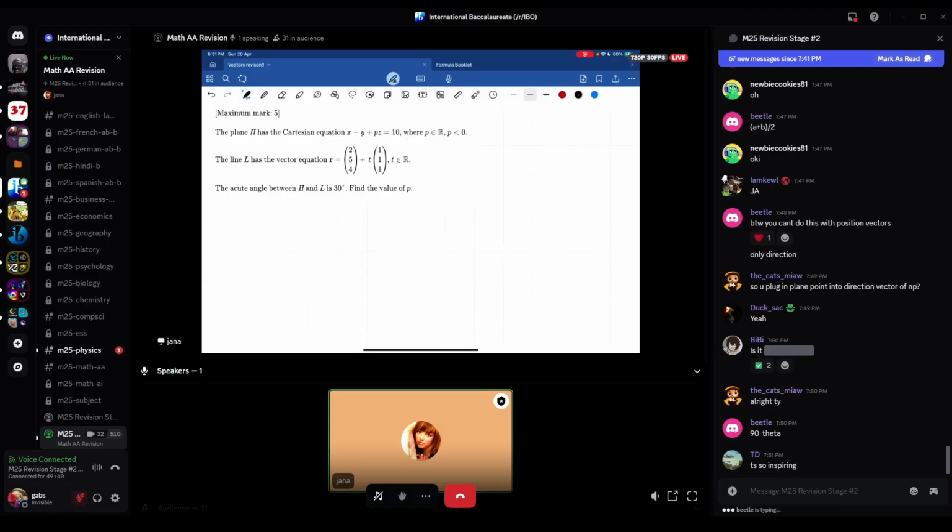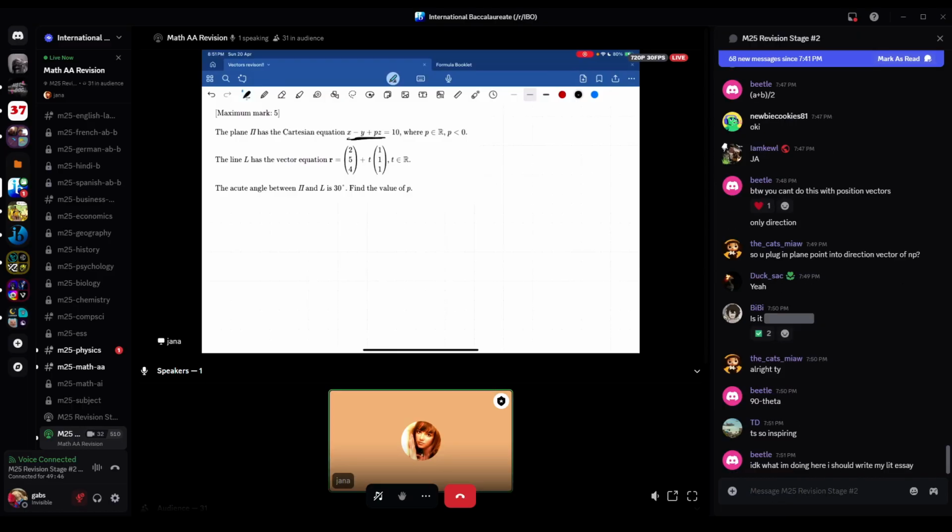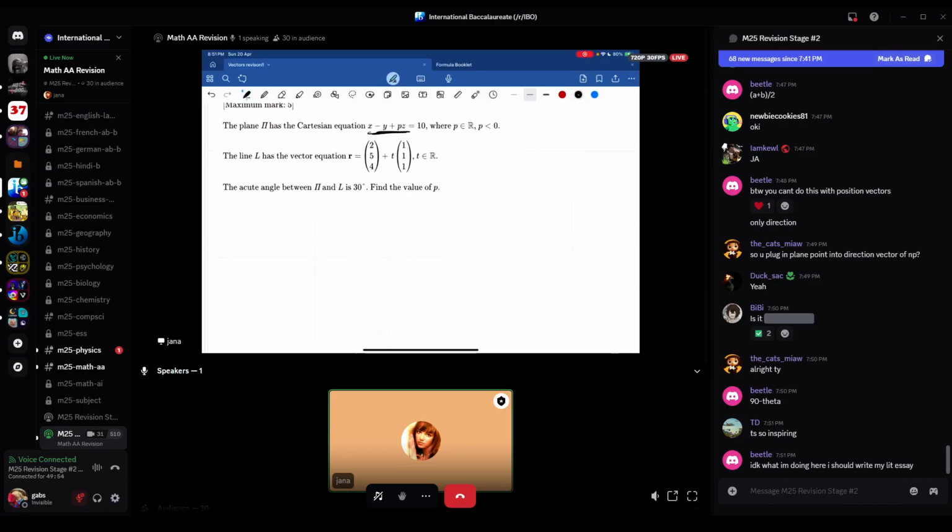So we know that we can find that using the dot product. But what we have here is the normal to the plane. P is part of the normal to the plane. And the angle between the line and the normal is actually 90 minus 30, which is 60 degrees, right?